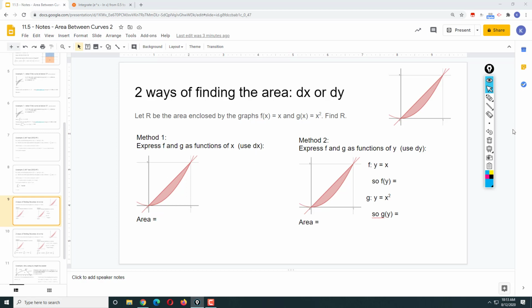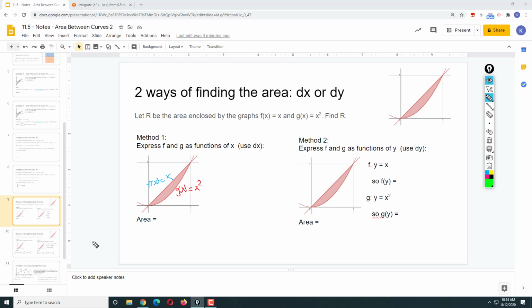Find R. Well, we know that f of x equals x is always on top of g of x equals x squared. So on top means it's bigger.